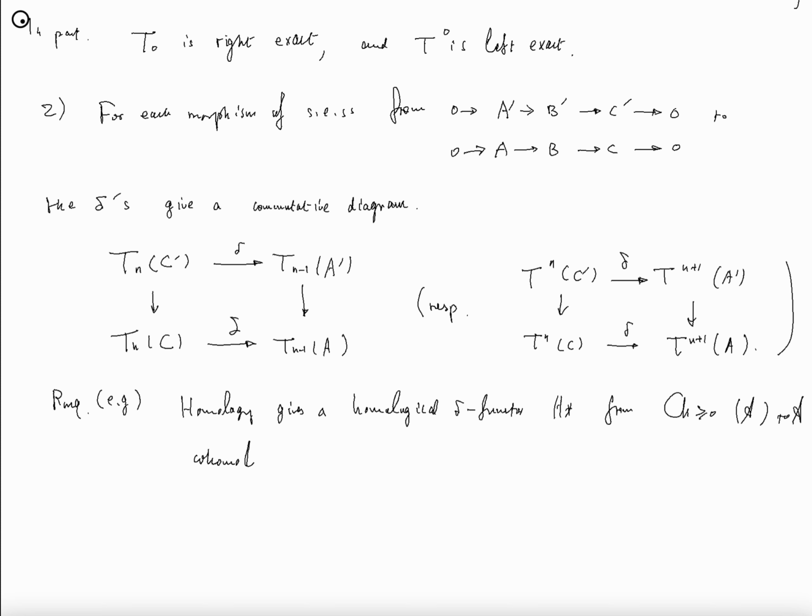Cohomology gives a cohomological delta functor from cochain complexes to category A.